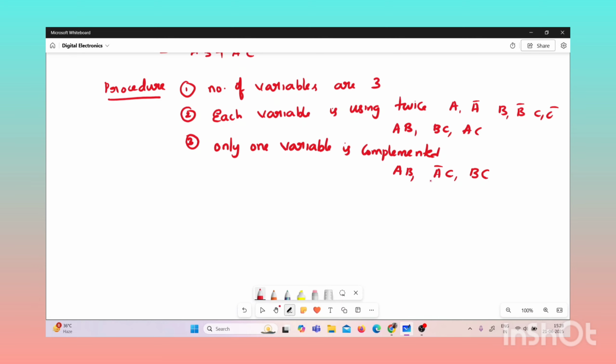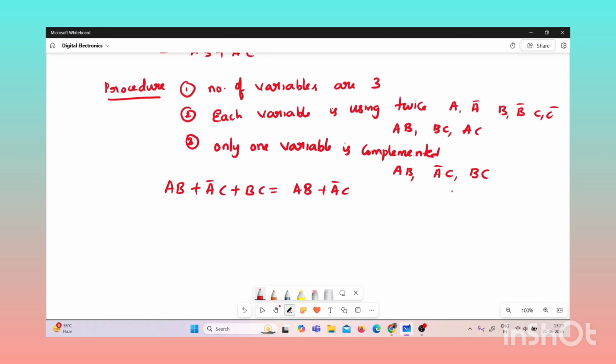That means the variable A is complemented. So AB plus A bar C plus BC. Using the consensus theorem, the simplified expression is AB plus A bar C. BC is removed, BC is eliminated.